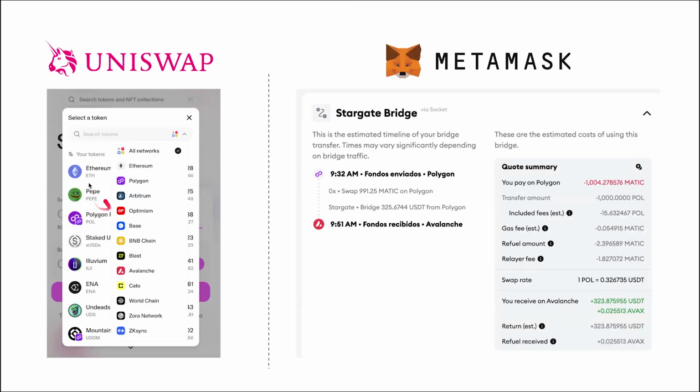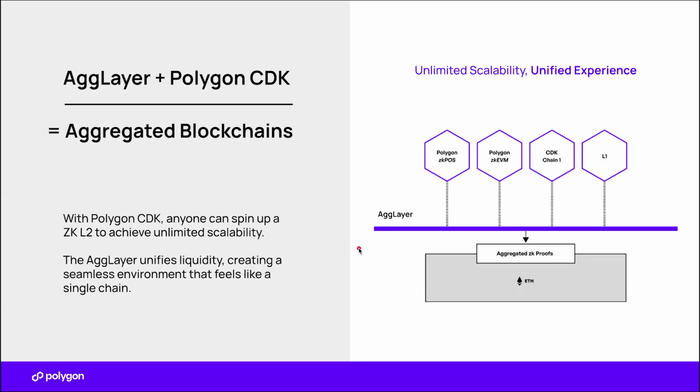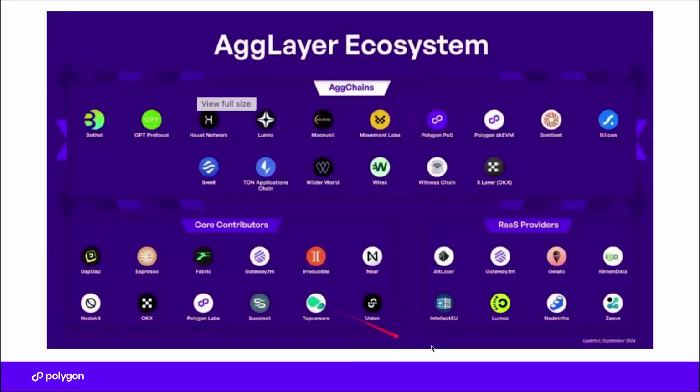Here I was showing some examples of liquidity fragmentation that we went through, and the Agg layer is how we are solving it. This is a technical explanation of how it works. And this is what I want to show you: the Agg layer ecosystem. This is not just Polygon building it, but it also has other chains that are already connected.